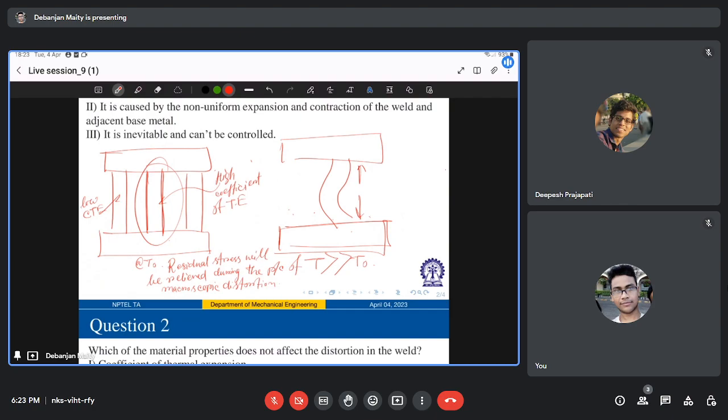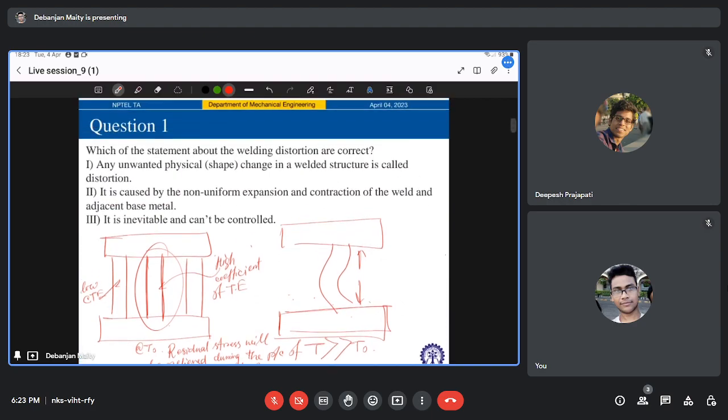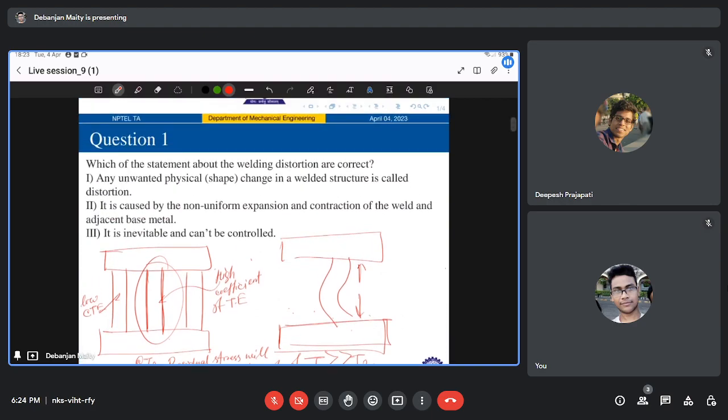So for convenience, the causes of residual stresses and distortion in weldments are a result of these thermally induced stresses from welding, right? So those are interlinked. So coming to the question, which of the statements about welding distortion are correct?